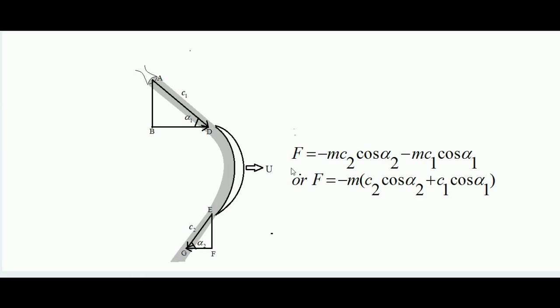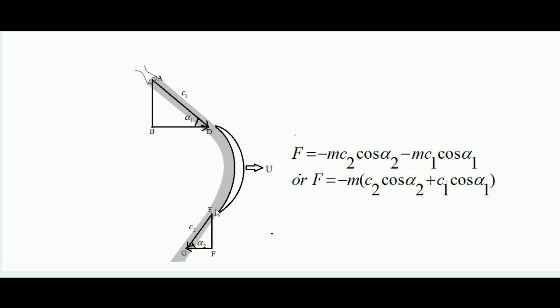Now the blade is moving in the horizontal direction. Therefore, in the second law of motion, the rate of change of momentum with respect to time is equal to the applied force. So in the horizontal direction, what is the initial momentum of steam? In case steam is coming out with a mass flow rate of m kg per second, definitely the initial momentum in the horizontal direction of steam would be c1 cos alpha 1 into m.